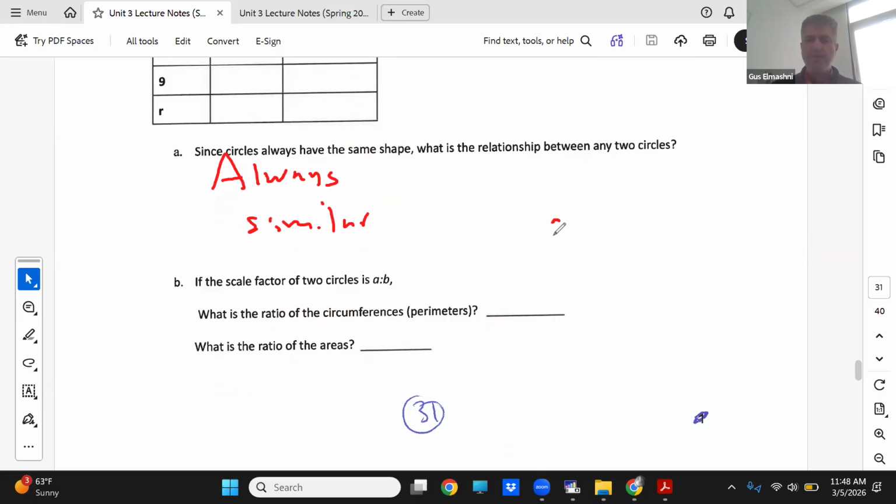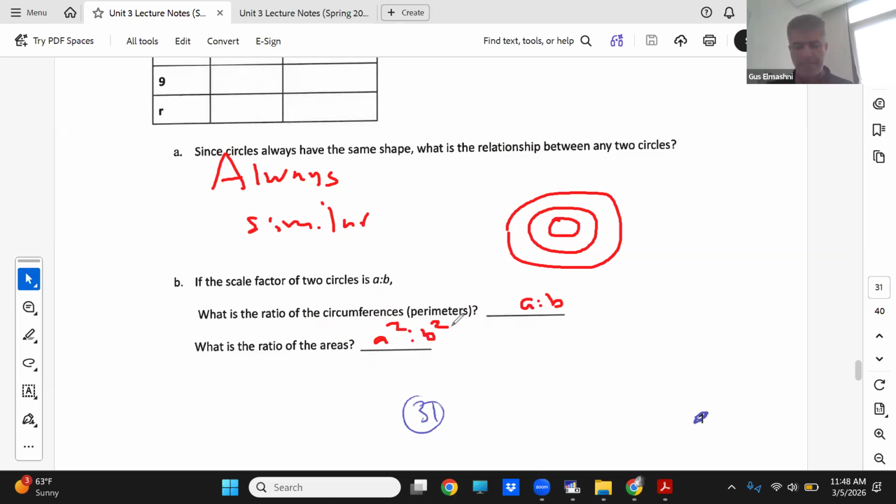So we call these concentric circles, circles that share the same center. And so forth, right? So the ratio of their circumferences or perimeters would be a to b. The ratio of the areas would be a squared to b squared.